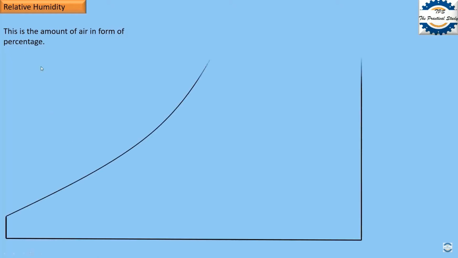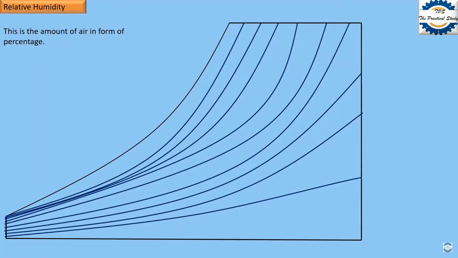Relative humidity is the amount of water vapors in the form of percentage. So this is the psychrometric chart, and these are the relative humidity lines, and here is its scale. I think this parameter is also clear. Next, move to the next parameter.